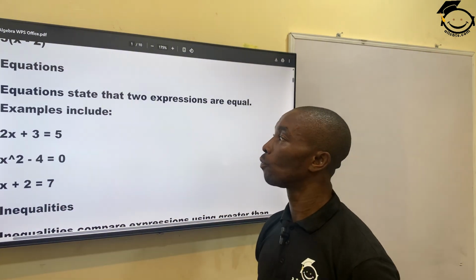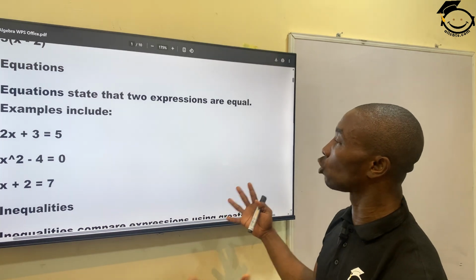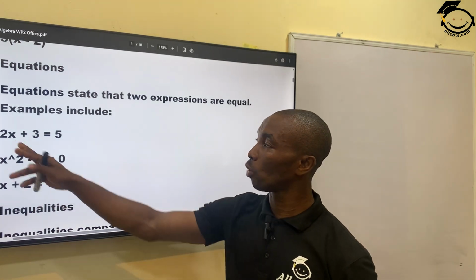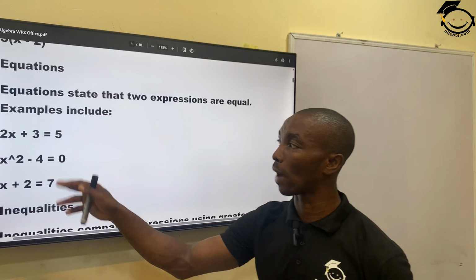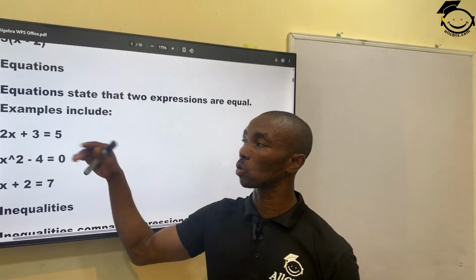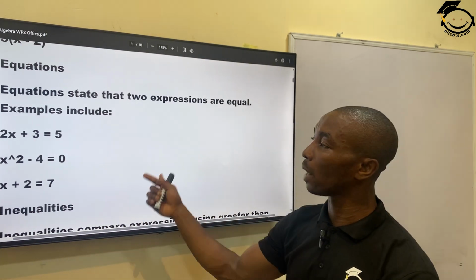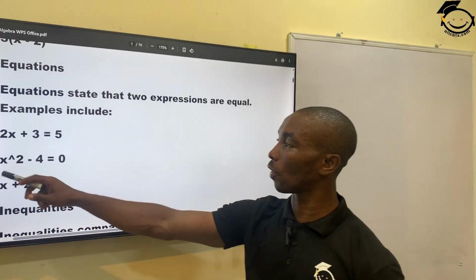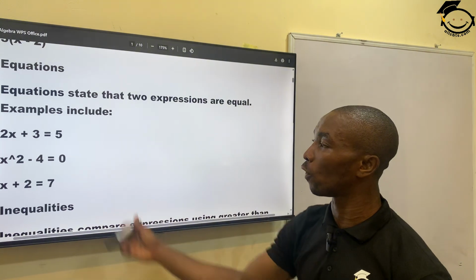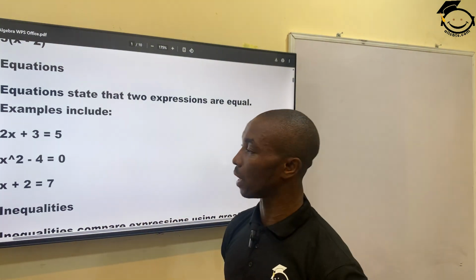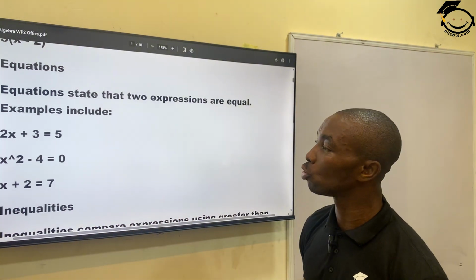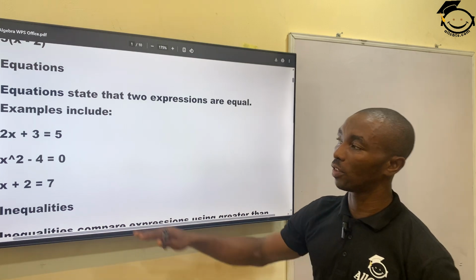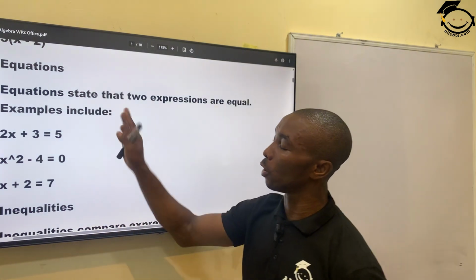Equations bring two expressions together: 2x plus 3 equals 5. Equations help us to find the value of our variables. Other examples are x squared minus 4 equals 0 and x plus 2 equals 7. These are examples of equations.